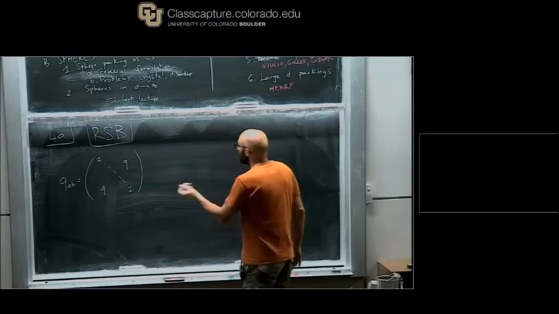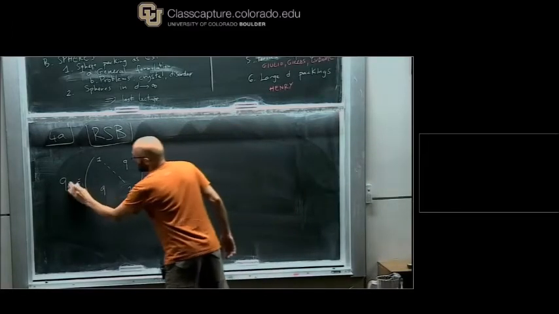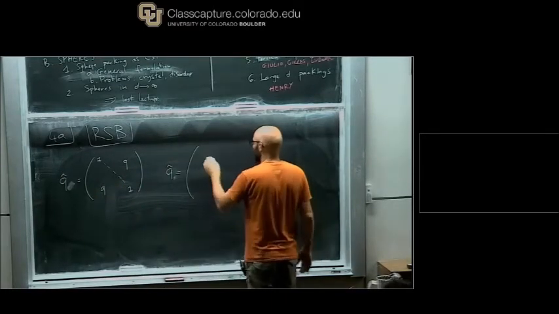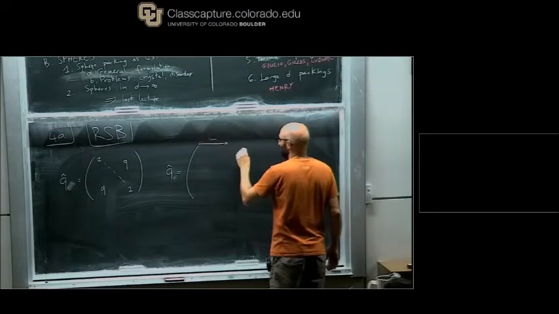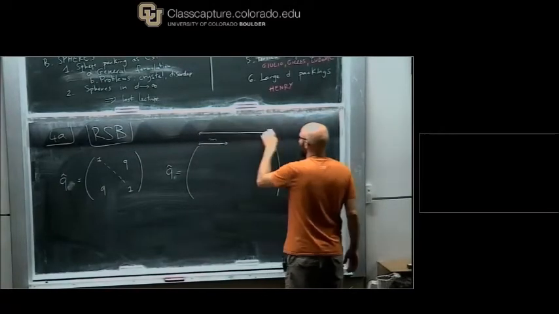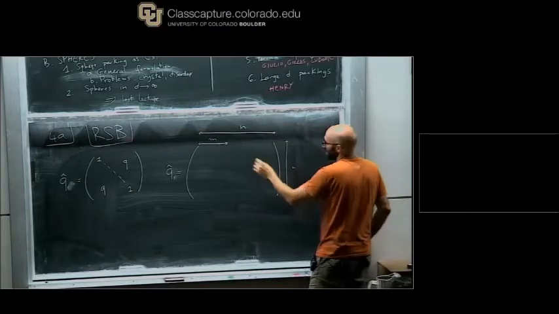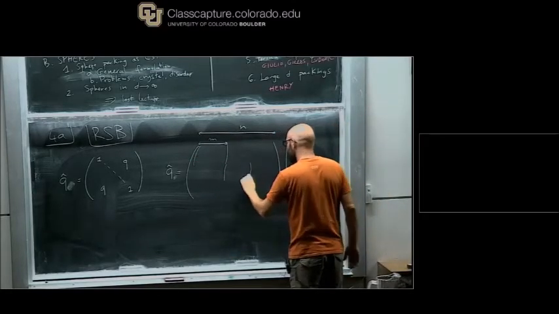Now, one guess, which works well, is this. I will try to motivate it a little bit, but not so much. Your Q matrix is n by n, and you are going to divide the replicas in groups of m.